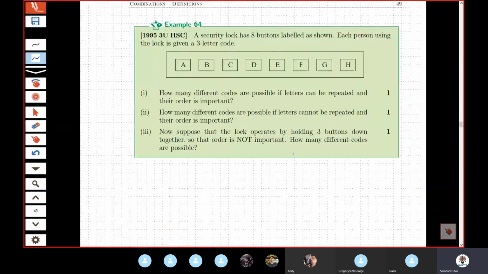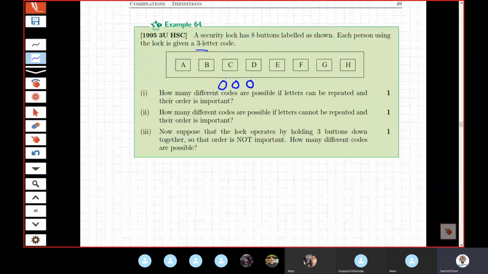A security lock has 8 buttons labeled as shown. Each person using the lock is given a 3-letter code. How many different codes are possible if the letters can be repeated and their order is important? If it's a 3-letter code and letters can be repeated, what's the first digit?